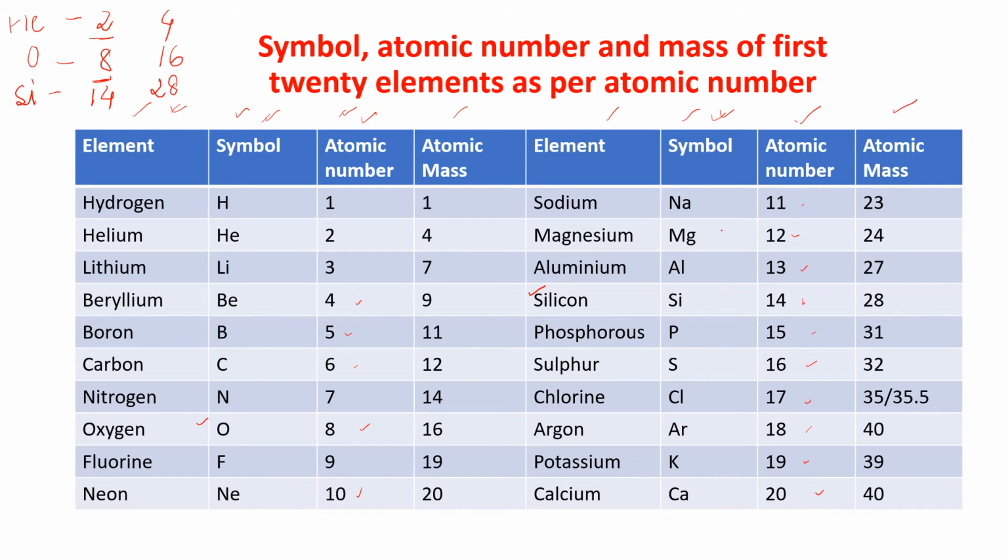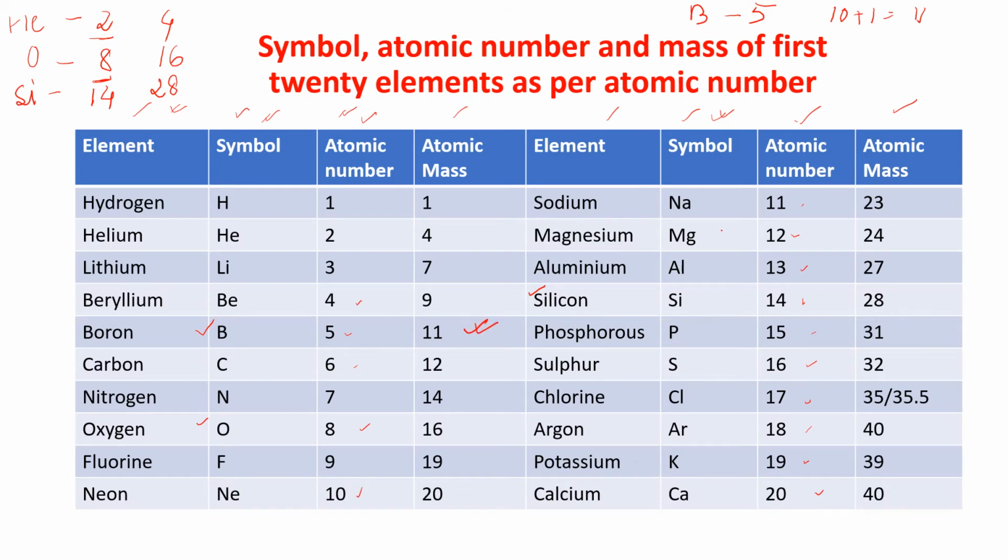Now see an element which has an odd atomic number. Let us take boron. The atomic number of boron is 5, an odd number. Double it plus 1. So double it, 10, plus 1 is 11. Just see, the boron atomic mass is 11.